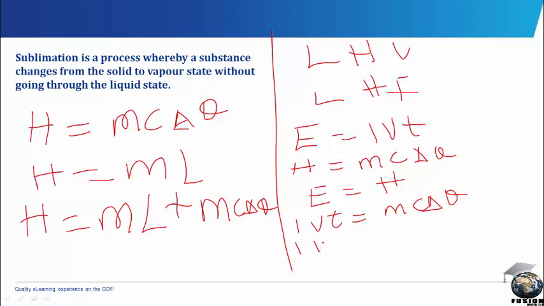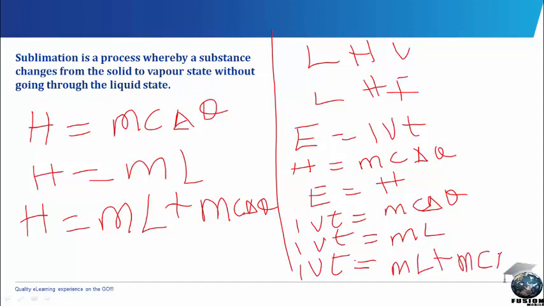Also, IVt equals ml when you use that to change state only. Also, IVt equals ml plus mc delta theta when you are using it to change state and also change what? Temperature.